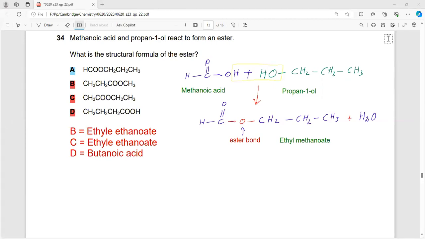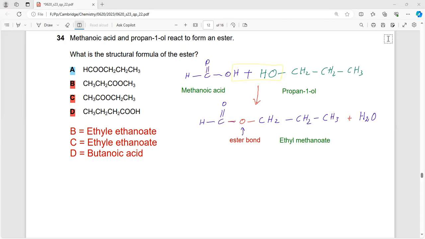Question number 34, methanoic acid and propan-1-ol react to form an ester linkage. What is the structural formula for the ester? You can see here, for example, if you have methanoic acid, it is going to react with propan-1-ol. I wrote the hydroxyl group on the left side for your understanding. The hydroxyl group is coming from the alcohol, and hydrogen is released by the acid, methanoic acid, and that will release one water molecule.